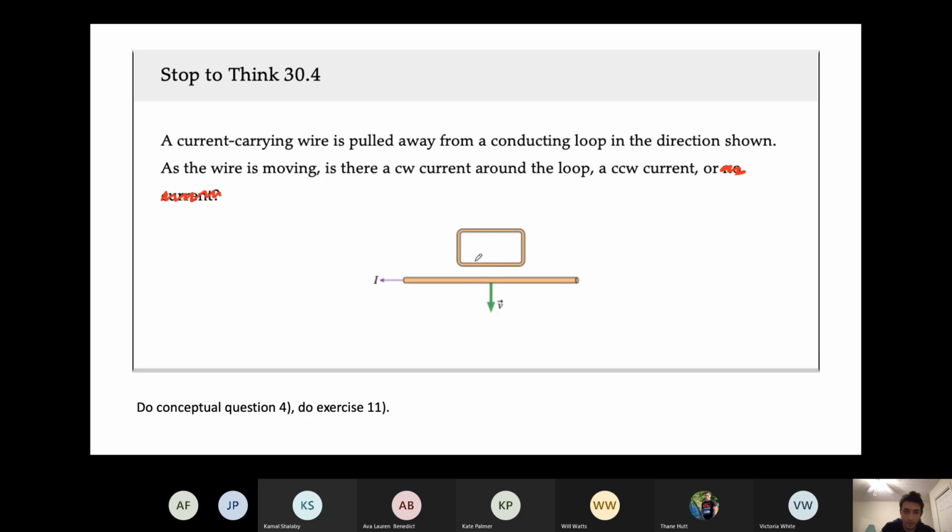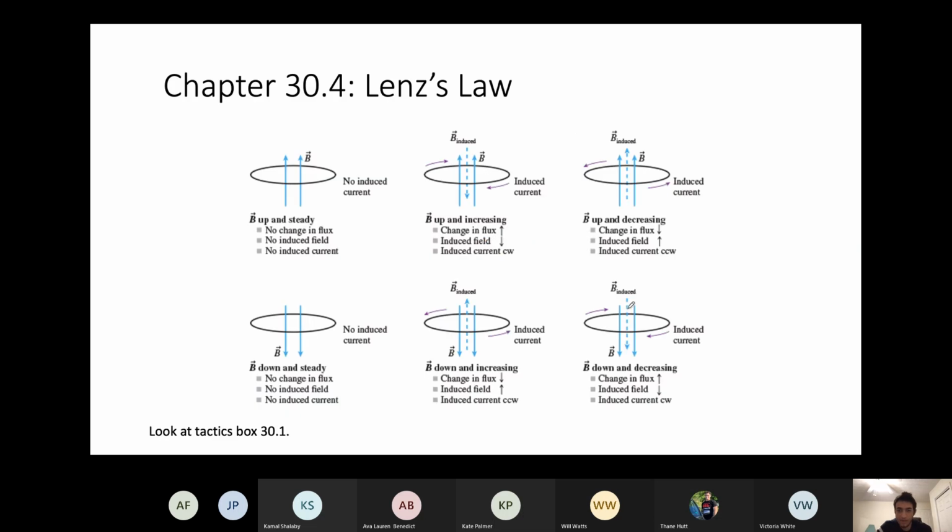Okay, so from the wire, we know the magnetic field is going to be pointing into the page. As it is decreasing, so if you just check in here, if it's going inside of the loop and it is decreasing, that means the magnetic field induced will be in the same direction.